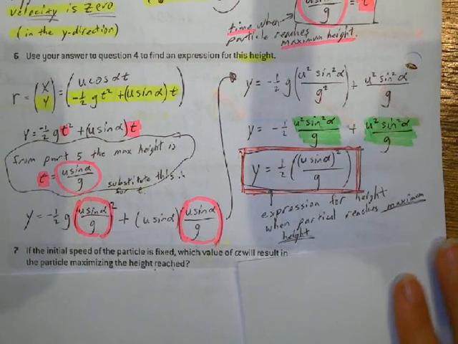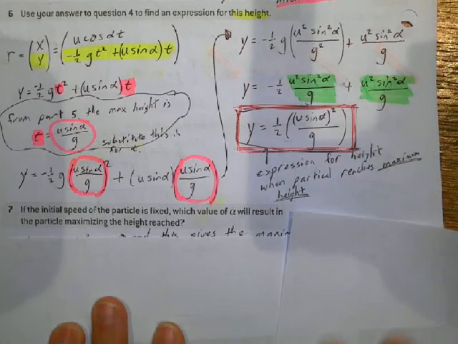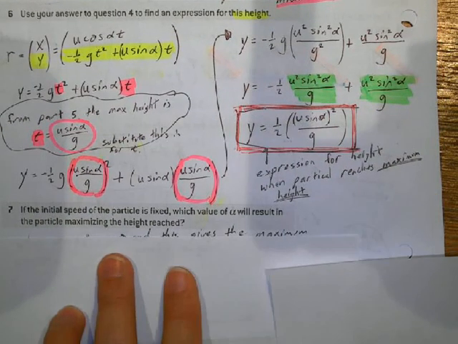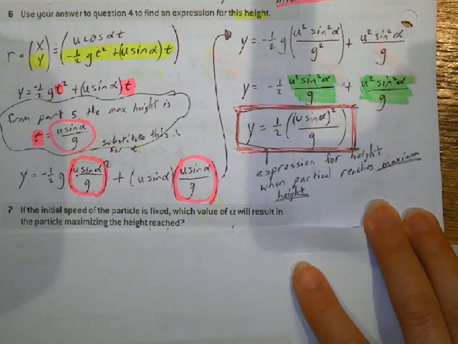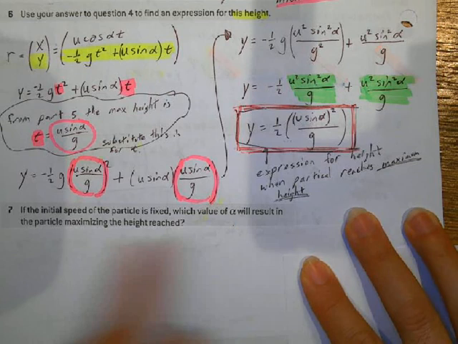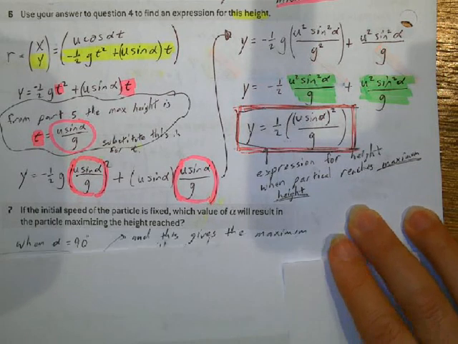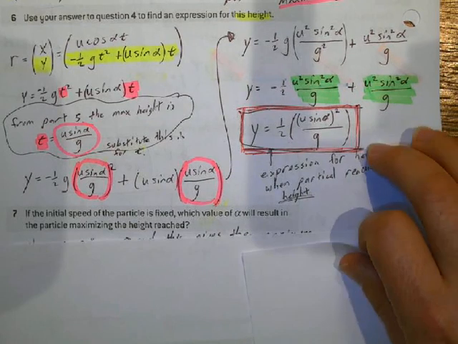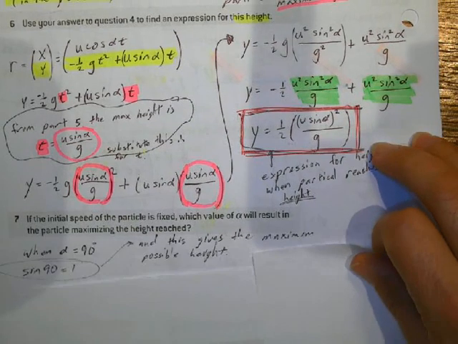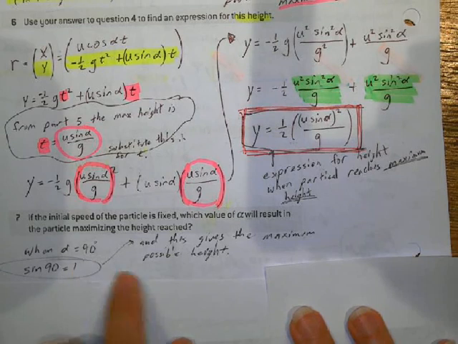Okay, so question 7 says, if the initial speed of the particle is fixed, what is the value of alpha which will result in the particle's maximum height reached? Okay, so the maximum height reached is when alpha is 90 degrees, and this should just make perfect sense, right?